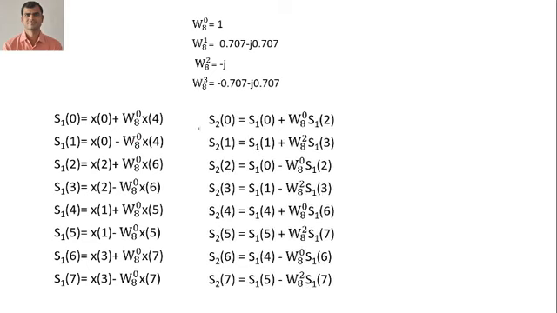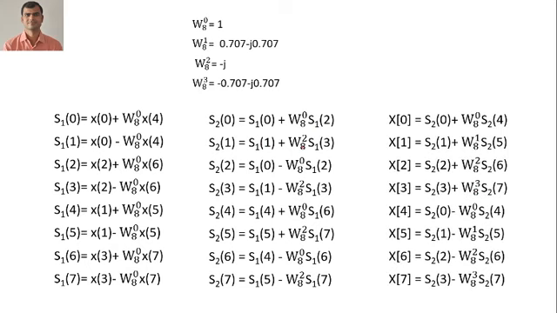Now this is the output of stage 2. So S2 of 0 will be S1 of 0 plus W80 S1 of 2, and S2 of 1 is equal to S1 of 1 plus W82 S1 of 3. You can see S2 of 1 in the graph also. And this is the last output, of stage 3.